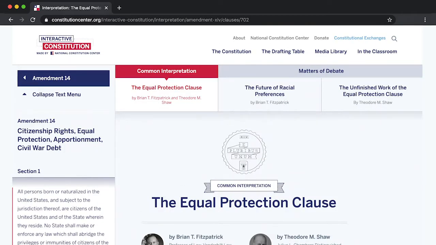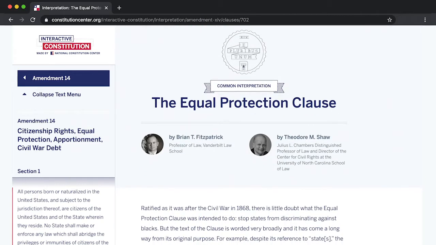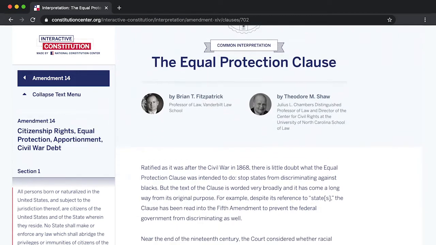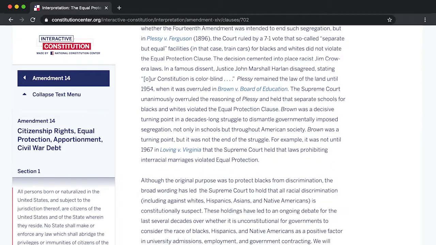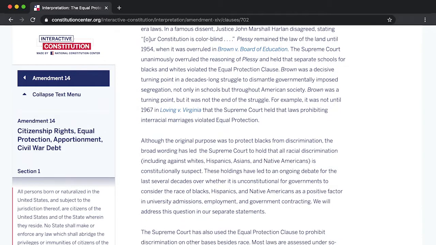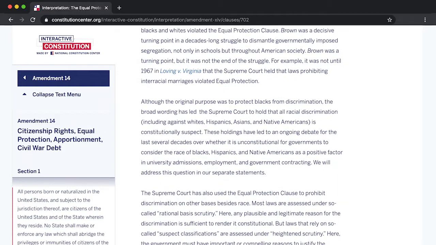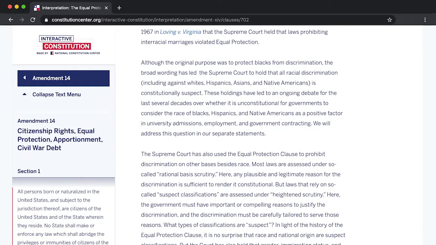We start with Brian Fitzpatrick and Theodore Shaw, leading scholars nominated by the conservative Federalist Society and the progressive American Constitution Society, with 1,000 words about what the Equal Protection Clause means. And you can be confident that every word in this common statement is agreed to by all sides.